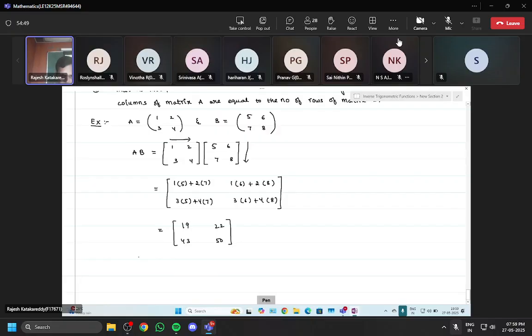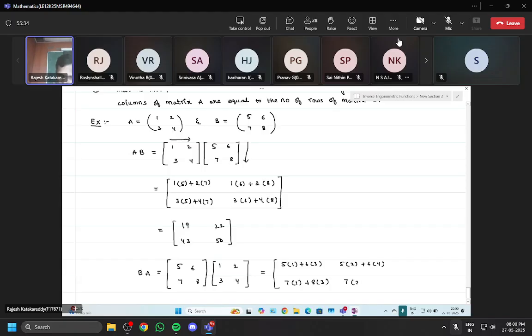Now if we are finding BA, the product between B and A, [5, 6; 7, 8] times [1, 2; 3, 4]. Multiply row 1 with column 1, we get the first element: 5 into 1 plus 6 into 3. Row 1 with column 2: 5 into 2 plus 6 into 4. Row 2 with column 1: 7 into 1 plus 8 into 3.